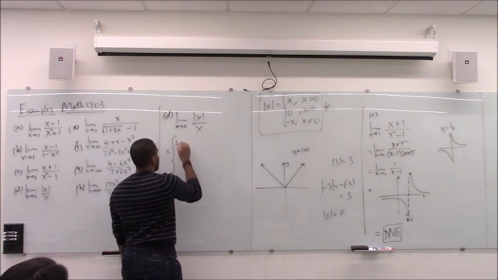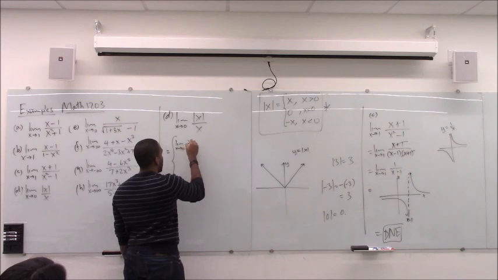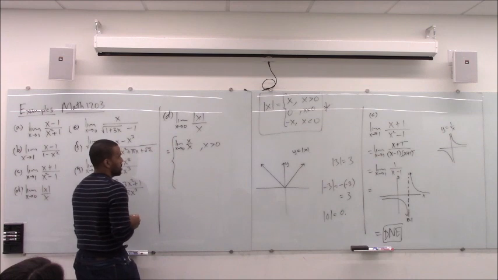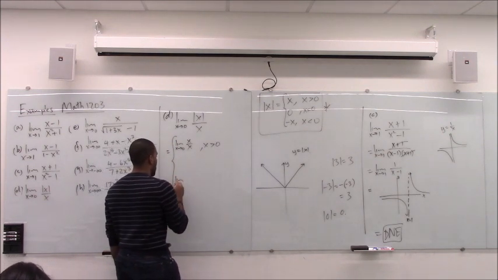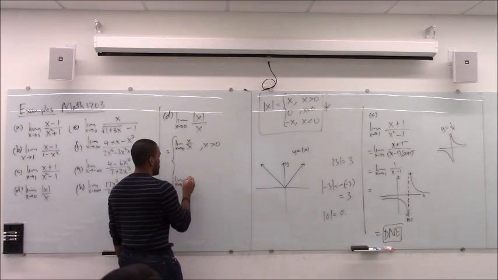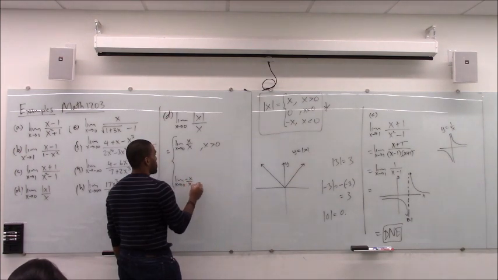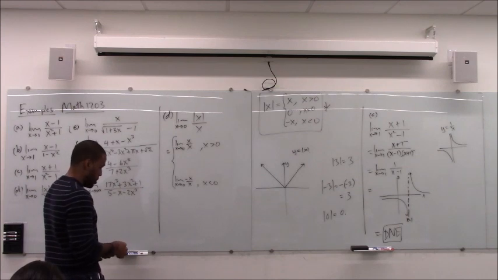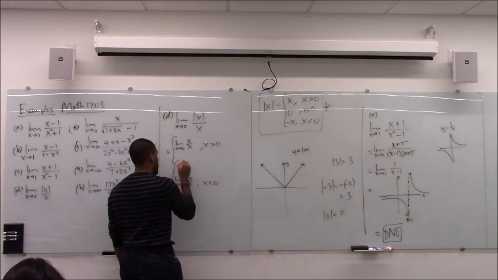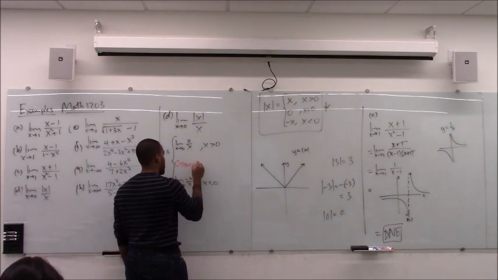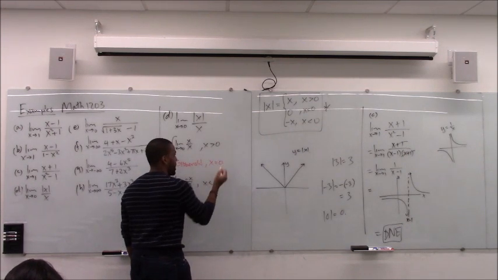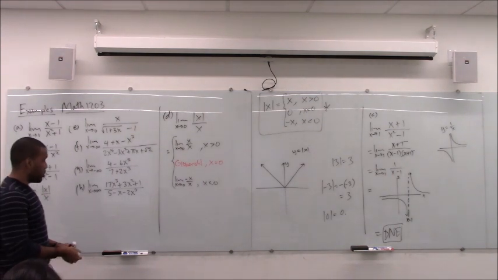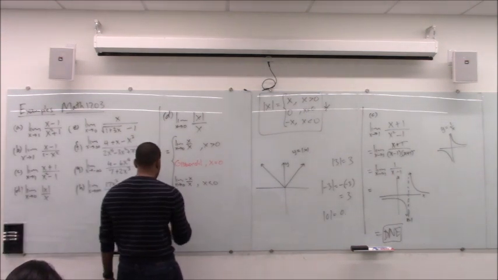In the first situation, the limit we're looking at is x over x, where x is positive. Where x is negative, it gives us minus x over x. And where x is 0, it gives us gibberish, because you can't divide by 0. So we really have two things to contend with here.